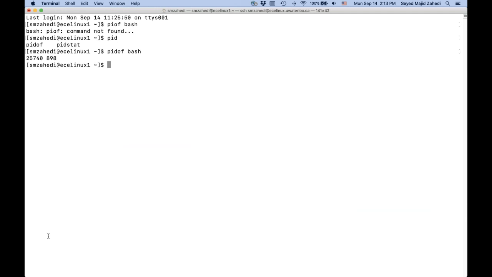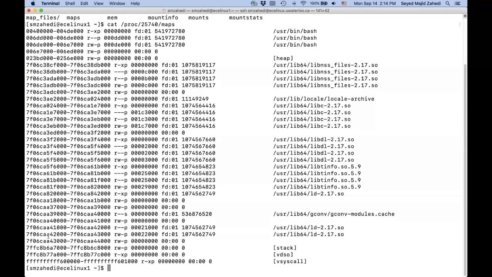Okay, now if I look at proc 25740, this is basically the bash program that I'm running. Basically, I use SSH to connect to my server. Now, if I look at the memory map, I think it's maps, yeah. So if I look at maps for this bash, this is what you get.